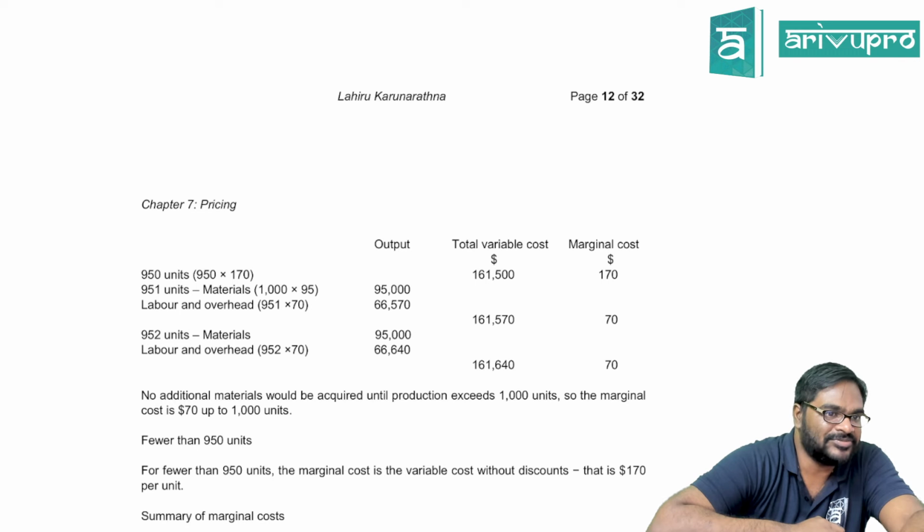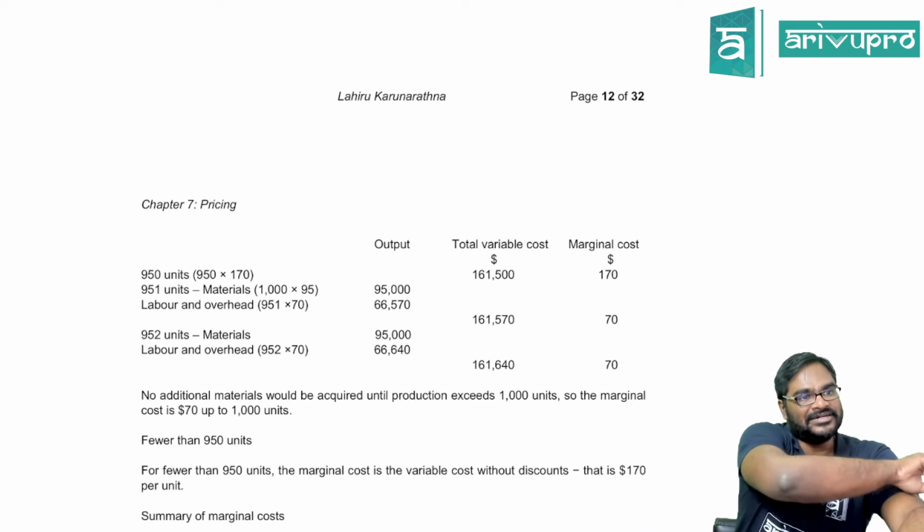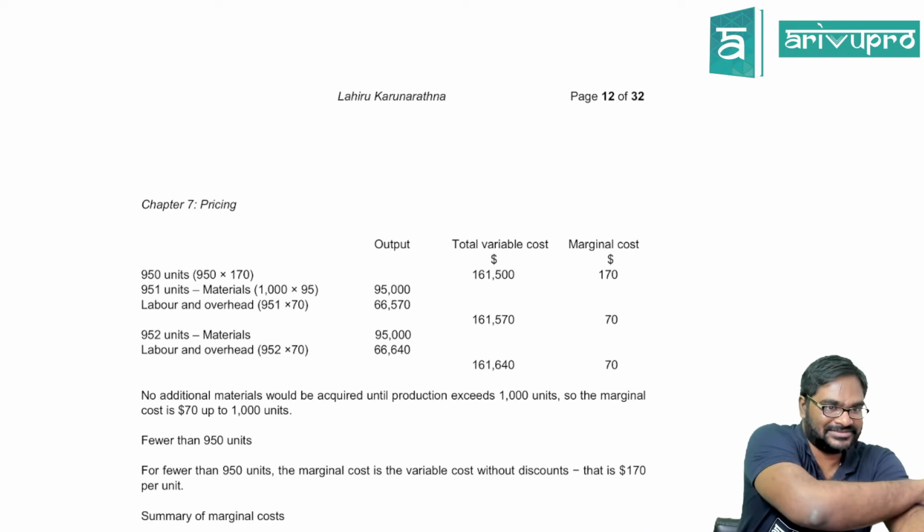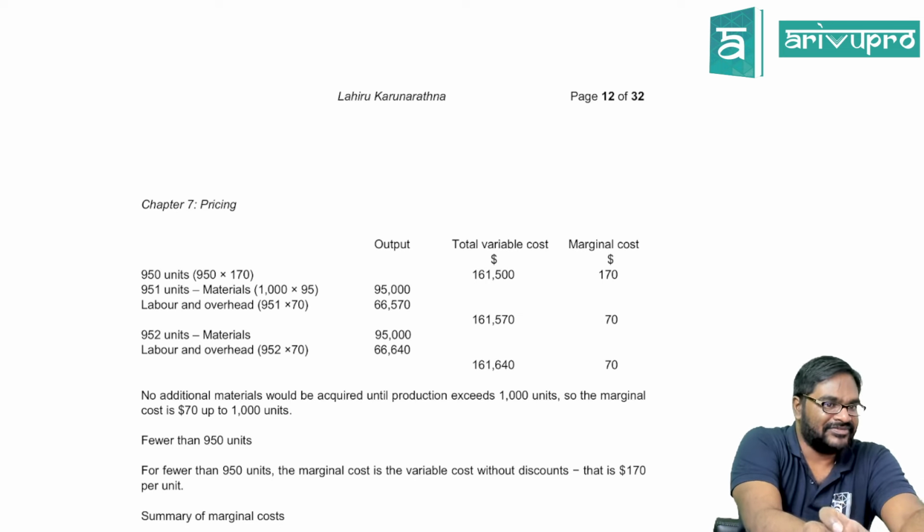That means earlier to produce 1000 units, you were spending 100 for 1 unit. But now you are spending only 95. That means if you compare with 100, the previous cost, 950 would be your cost.